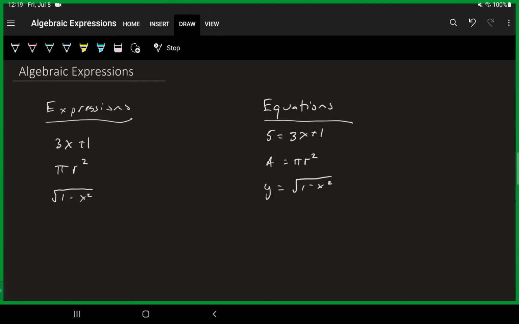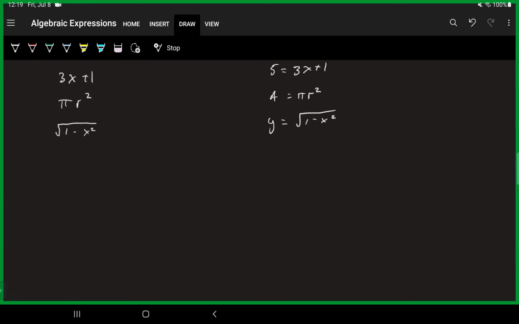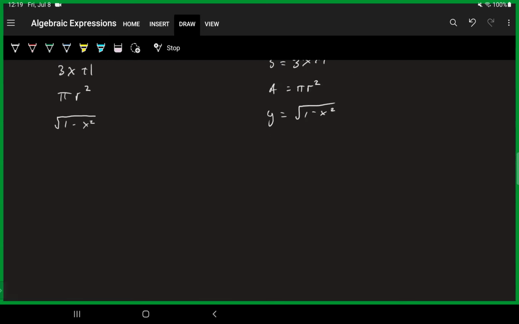So let's talk about some parts here. Let's look at 3x plus 1. Okay, this is an expression. It has what we call 2 terms. So 3x is a term and 1 is a term. Terms are separated by addition.